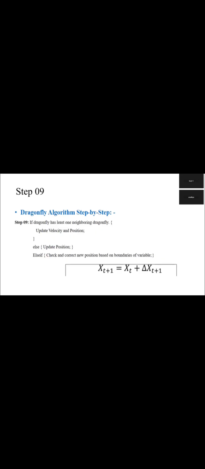In this expression, t plus 1, we can observe how a random walk can be done if there is no neighbor near the dragonfly. This concludes the dragonfly algorithm, which explains the nature of the dragonfly and is inspired by nature. This explains all about the dragonfly algorithm.